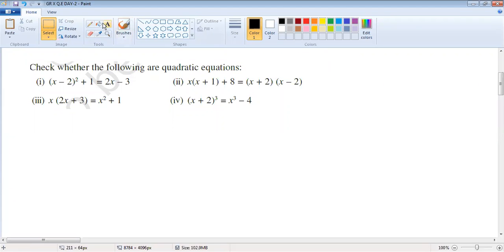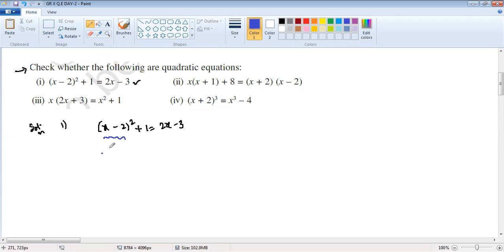Come to this part. Check whether the following are quadratic equations or not. Let us take the first one: x minus 2 whole square plus 1 is equal to 2x minus 3. First, let us apply x minus 2 whole square, which looks like a minus b whole square.